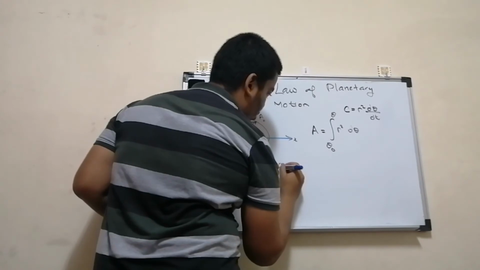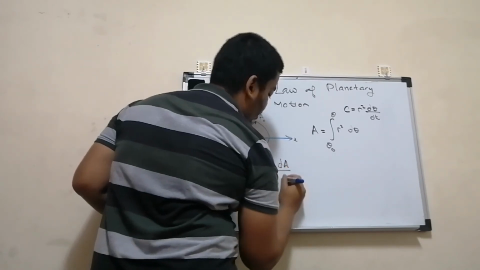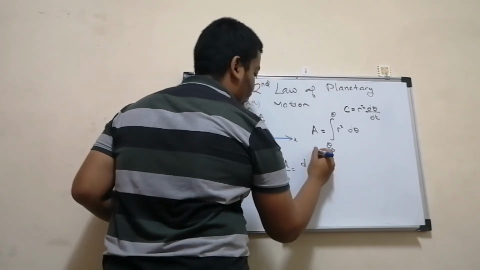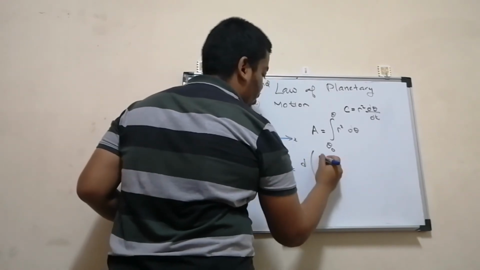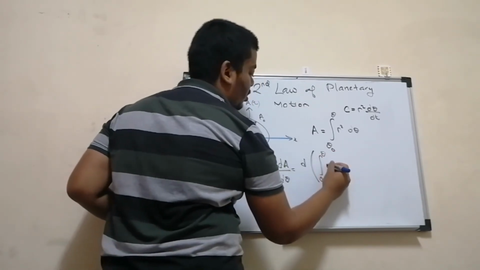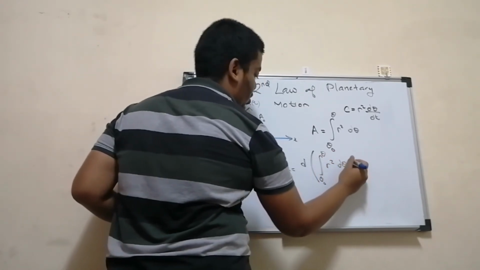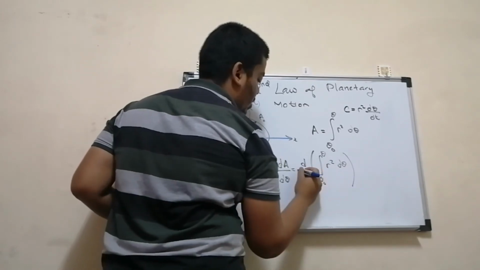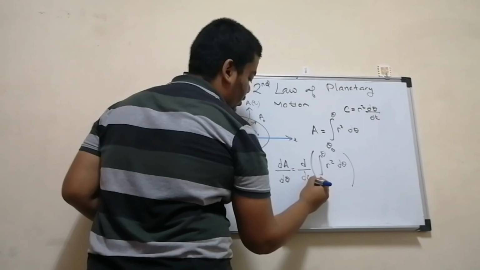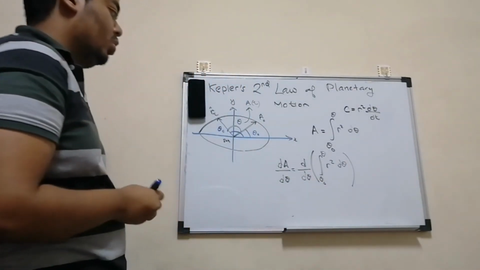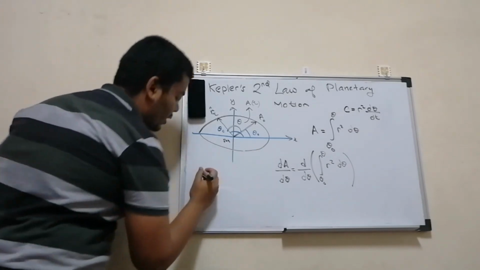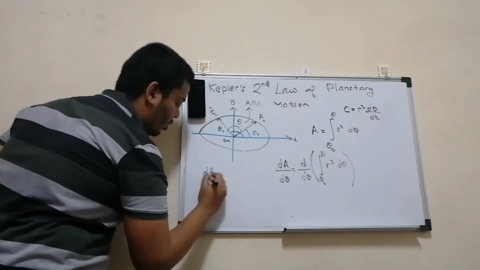We have dA over d theta is equal to d, I'll differentiate this part with respect to theta, and then I will get something like this. Okay? So if you do this, on your left hand side you are remaining with dA over d theta.